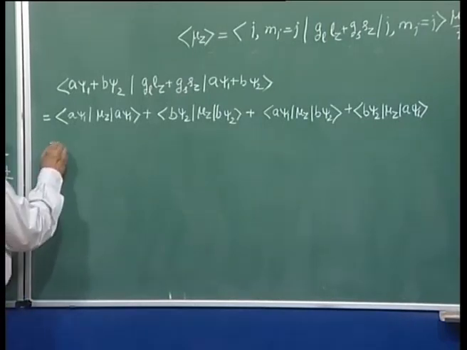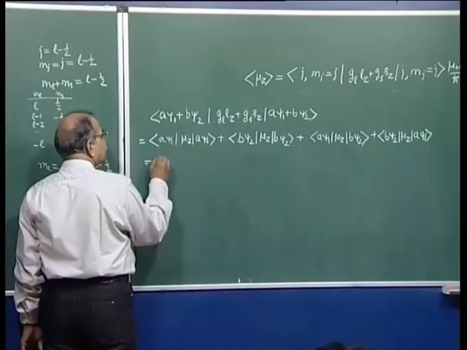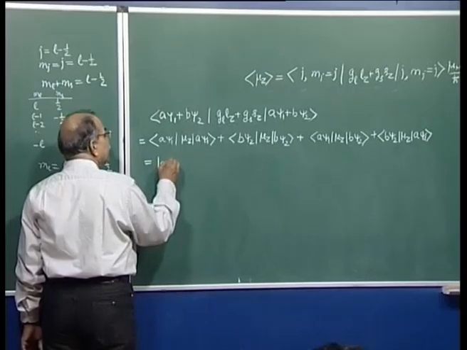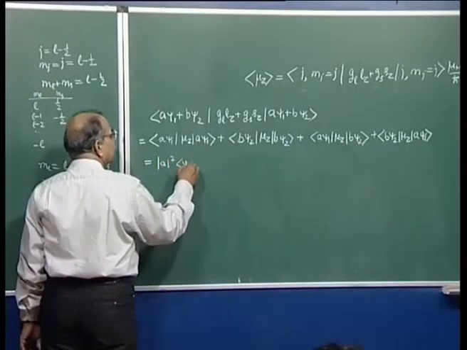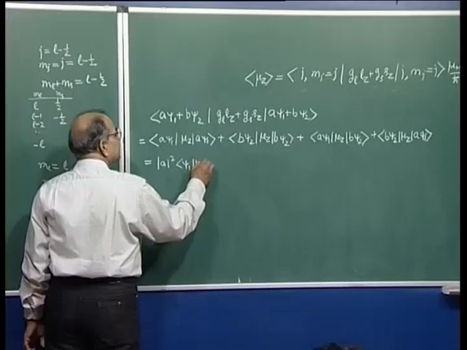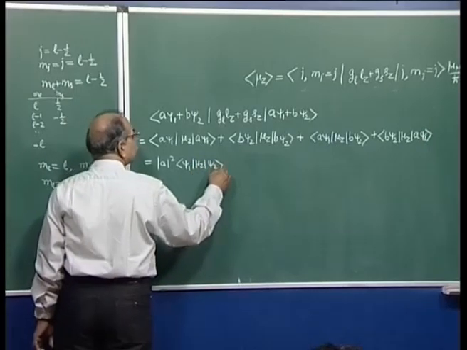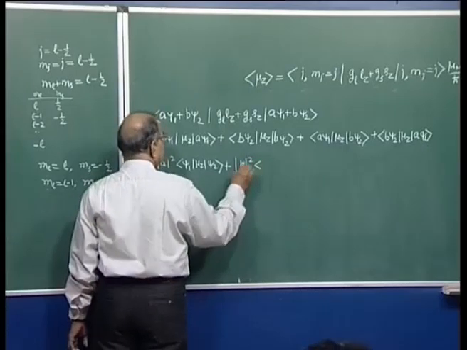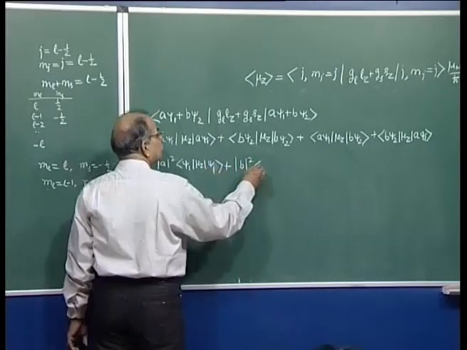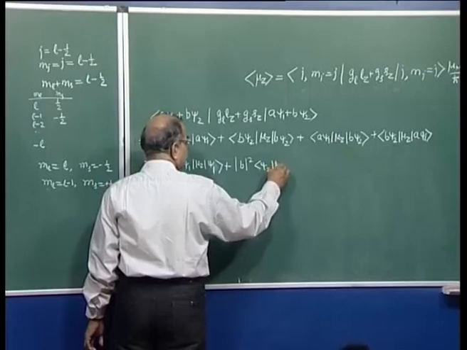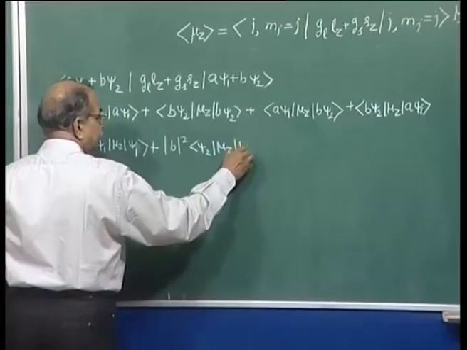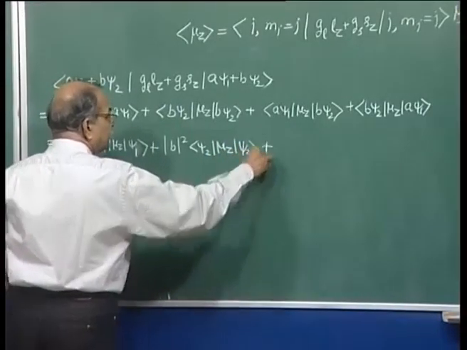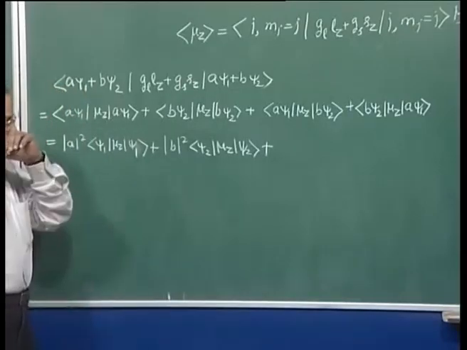Now, this a star coming from here, a coming from here, it will be mod a square psi 1 mu z psi 1, and similarly mod b square psi 2 mu z psi 2, and these cross terms are going to become 0.